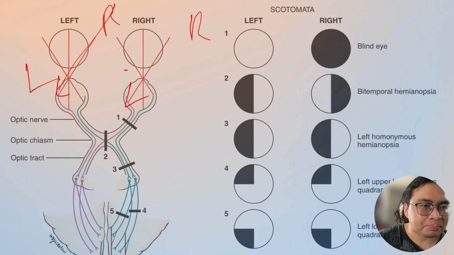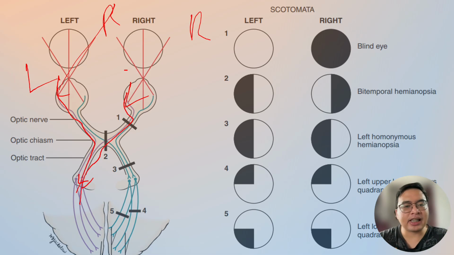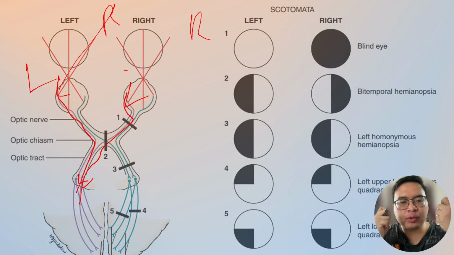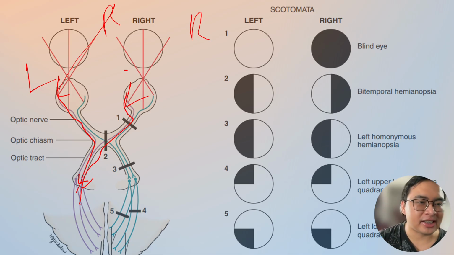For example, yung mga bagay na nasa left side na na-receive, yung vision na na-receive sa left side ng retina must travel towards the left side of the brain. So for example, meron akong nakitang bagay sa right, di ba? Tapos pumasok sa left side ng retina. Yung nakikita mo na nanggaling sa left side ng mata na nasa left retina as well would travel on the same side.